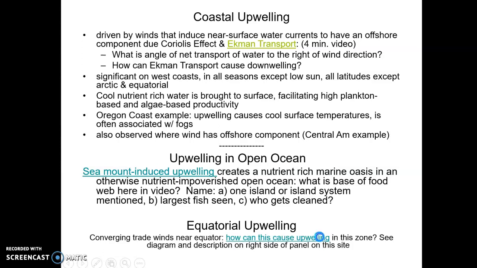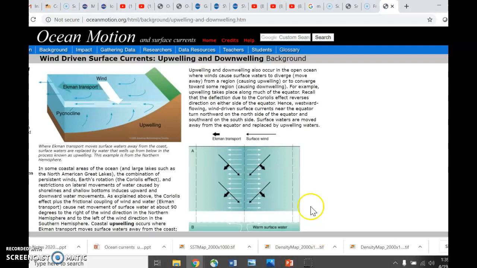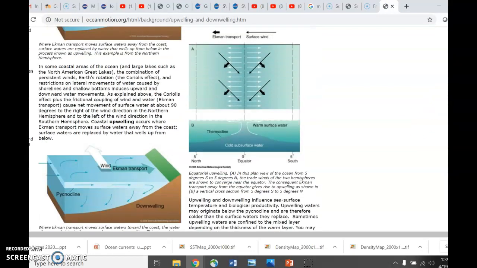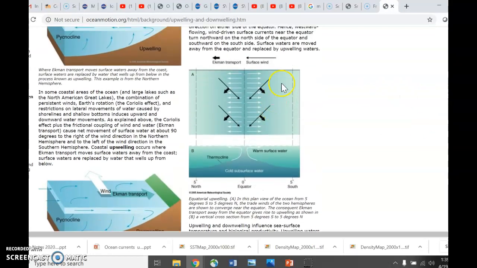I'll just jump there and we'll look at one little part of this quickly. If you look at this, okay, so this is trade winds converging near an equatorial area. So these are the winds, and then Ekman transport.